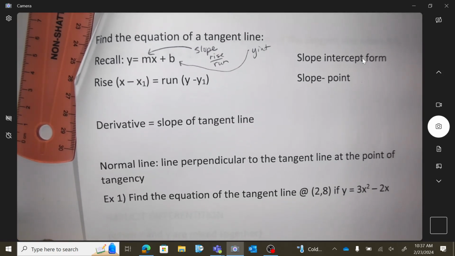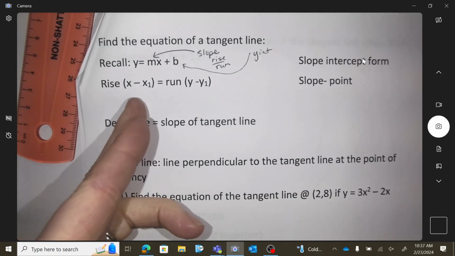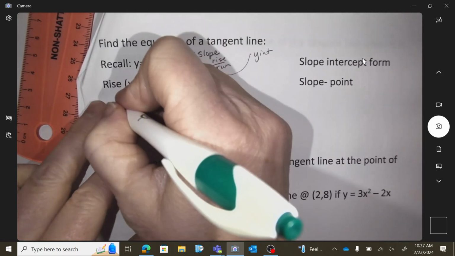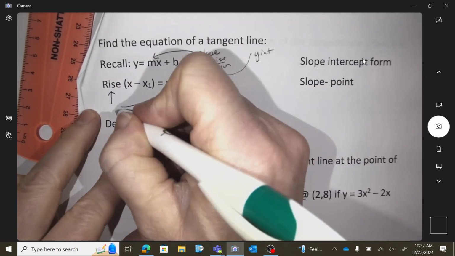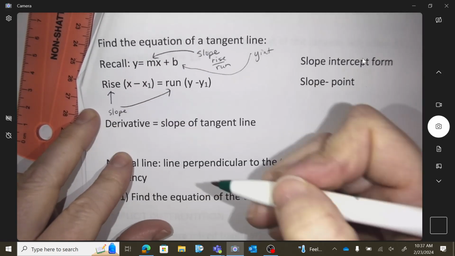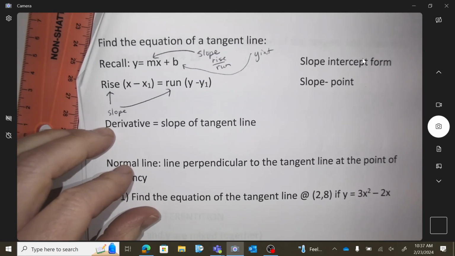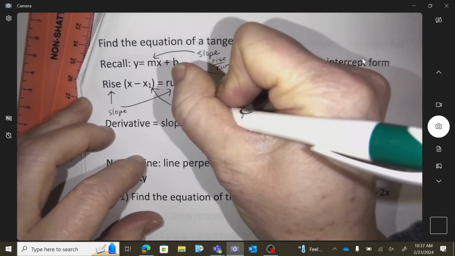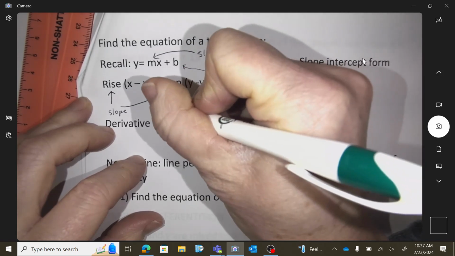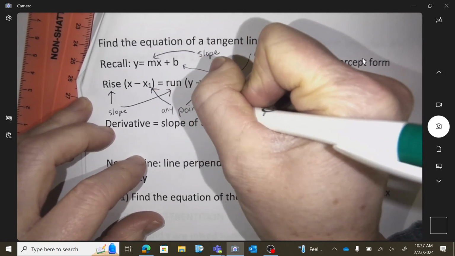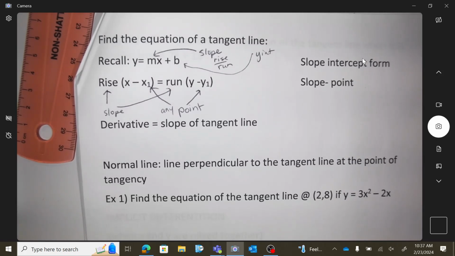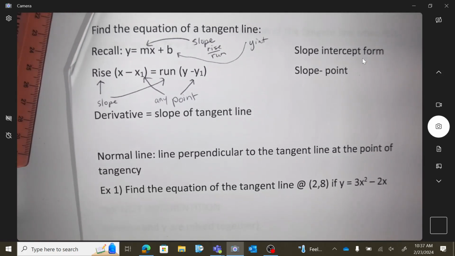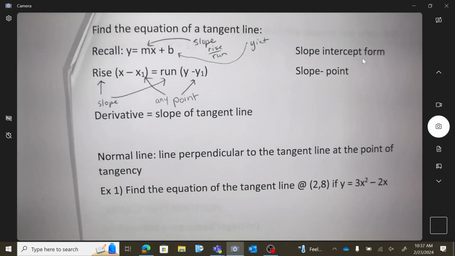You learned this form, rise, x minus x1, run, y minus y1, where obviously the rise over run was the slope stuff. And then those numbers there were for any point in your graph, not your y-intercept necessarily. It could be any point.